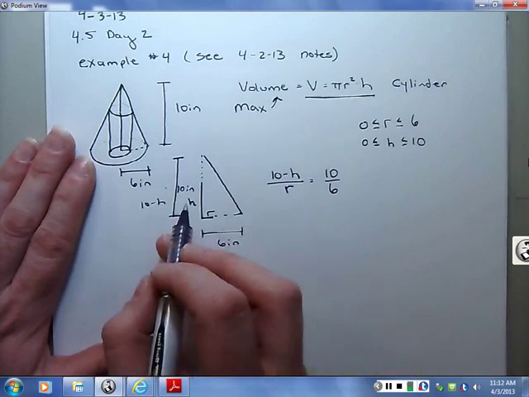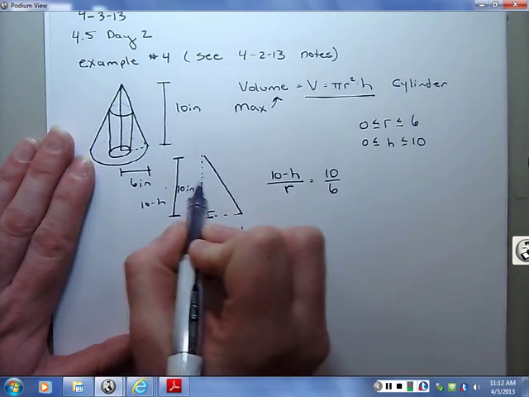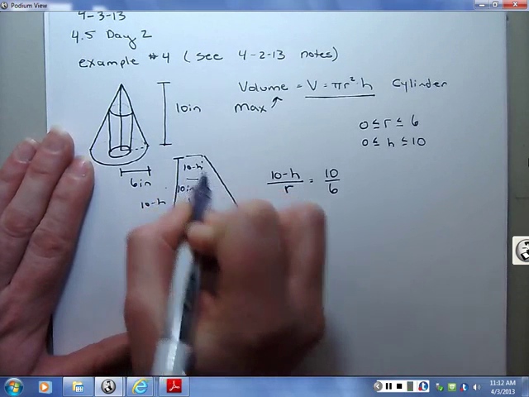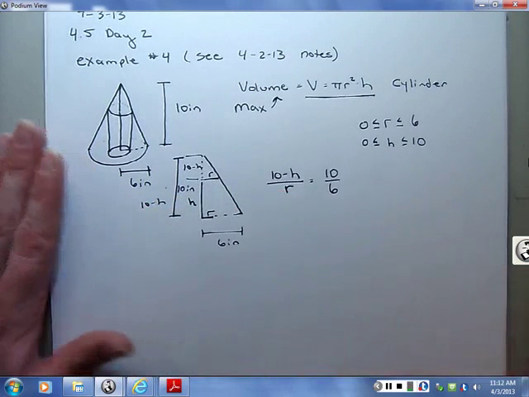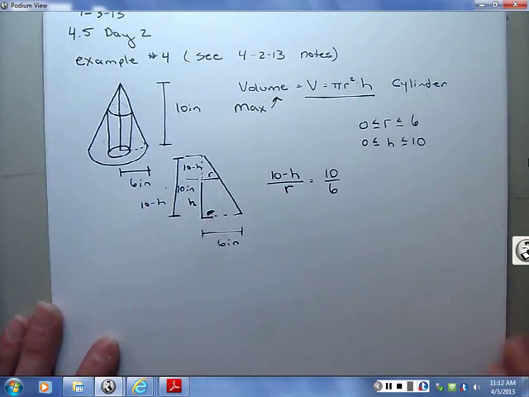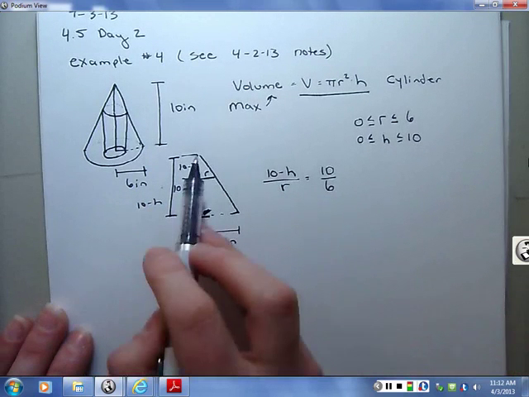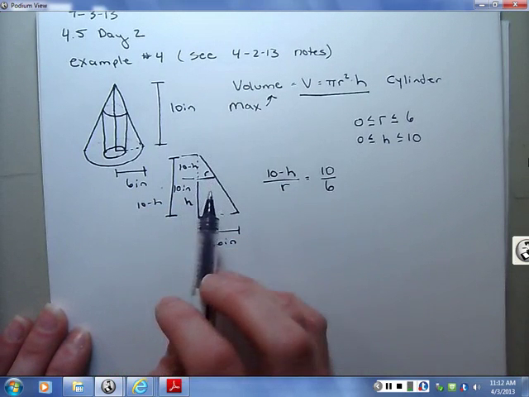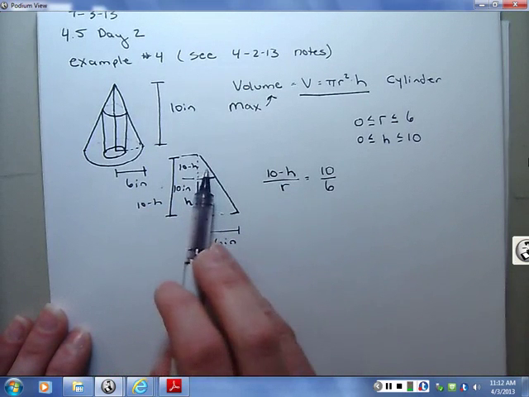I want to call this, yeah, so this distance here is h, and this distance here is 10 minus h. So this distance here is r. Right? So now I have the triangle up here. That's the smaller triangle that's similar to the bigger triangle. Right? Because this is not a triangle. That was my problem.